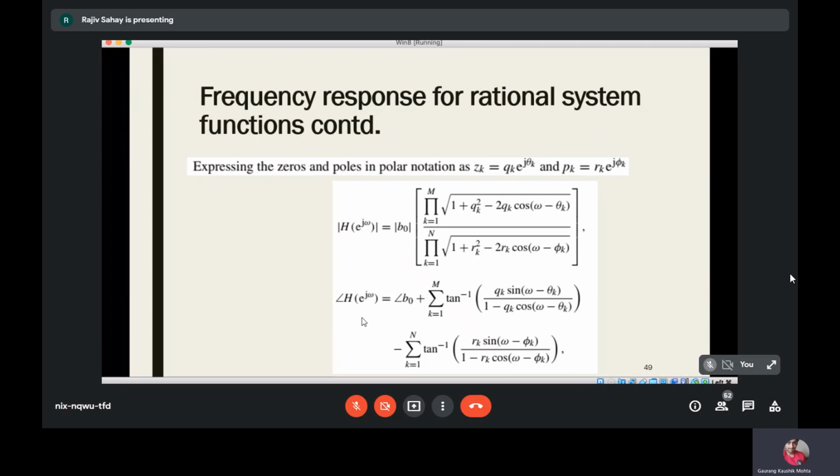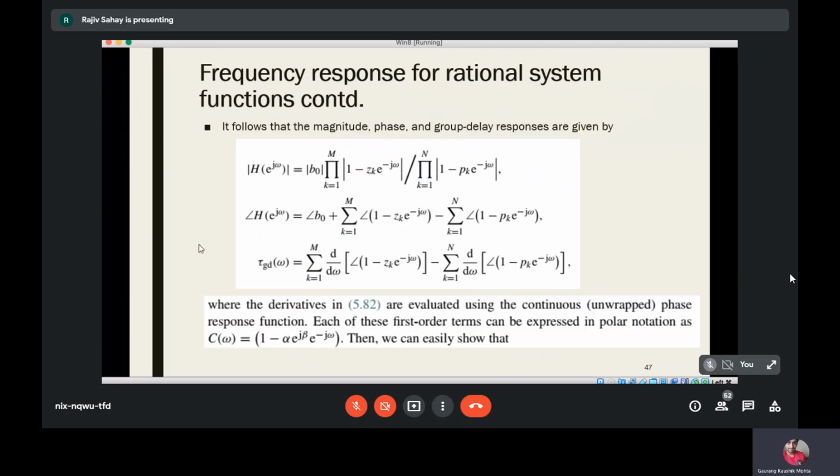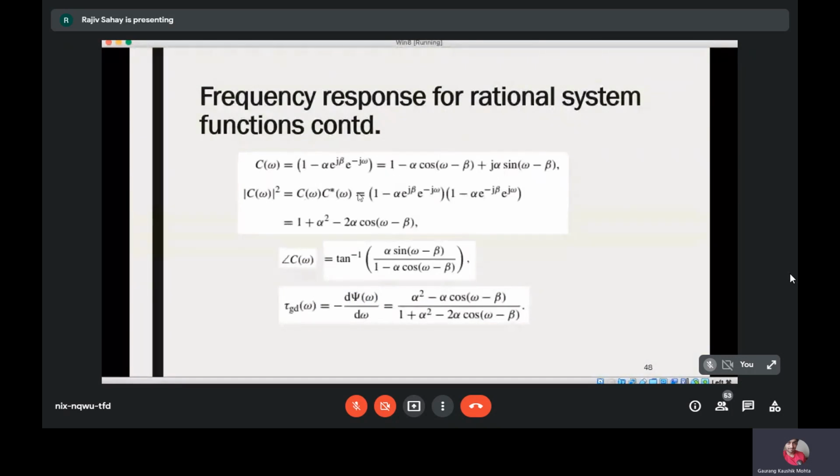So what are you doing here? You just look at this expression. You are taking the square root of this. So if you see the previous expression, 1 minus z k e to the power minus j omega, this is the mod. So you have now written C of omega as 1 minus alpha e to the power j beta e to the power minus j omega, that you have derived, and like this.